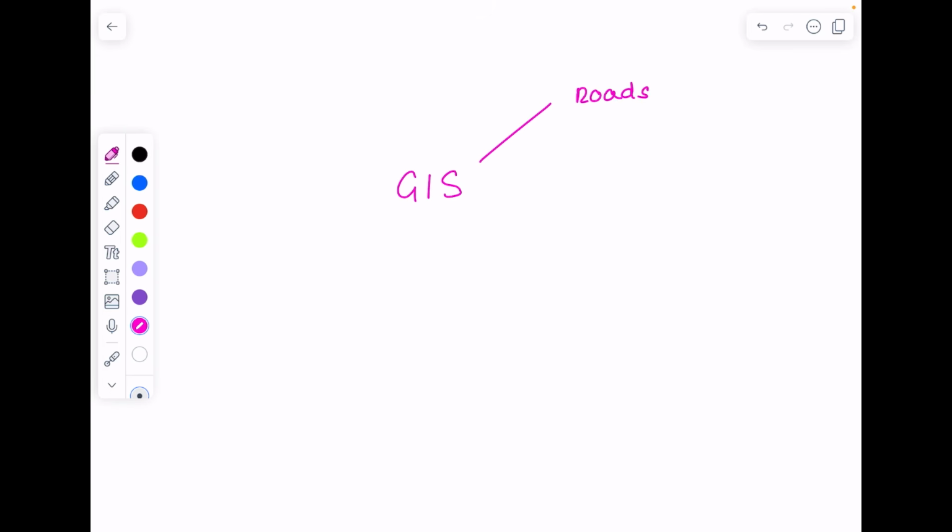So GIS allows roads to be identified, which enables emergency aids such as ambulances, food and water supplies.